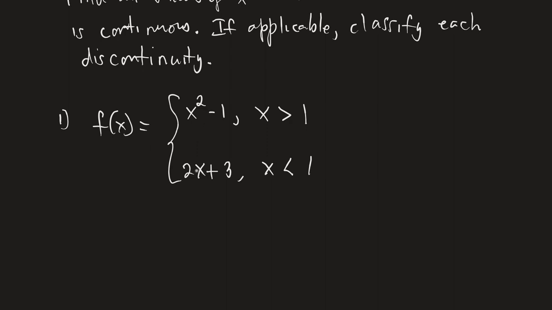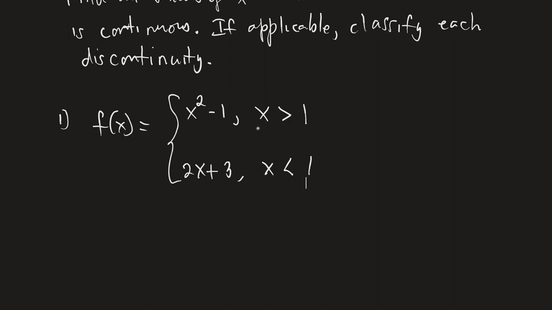So this piece of the function is going to be continuous whenever x is greater than 1. And this is another polynomial, a linear polynomial. We know that polynomials are continuous on their domain. In this case, the domain applied to this piece is x less than 1.